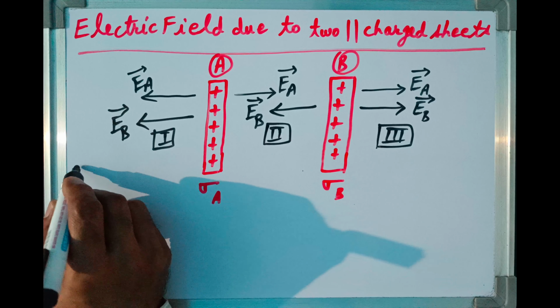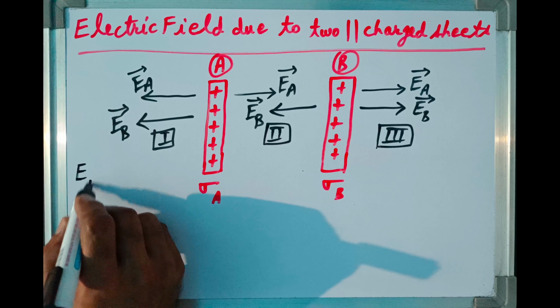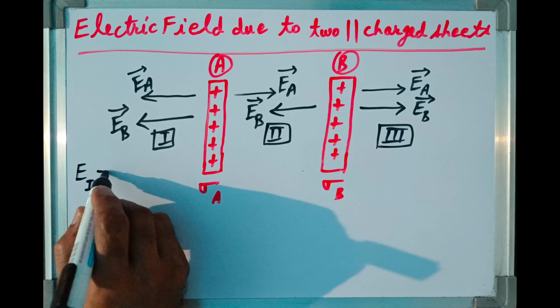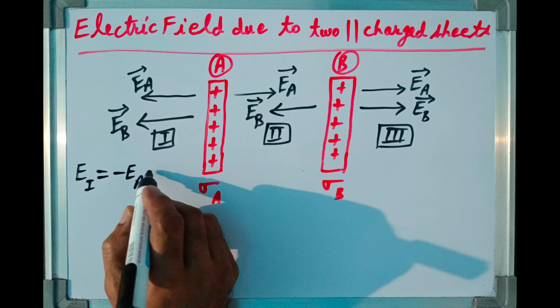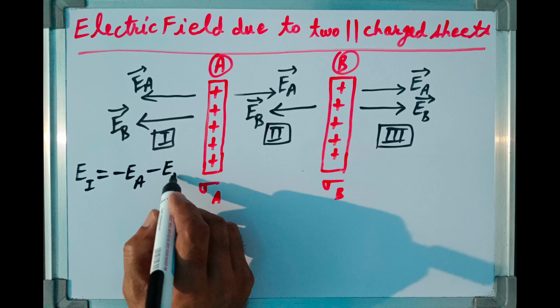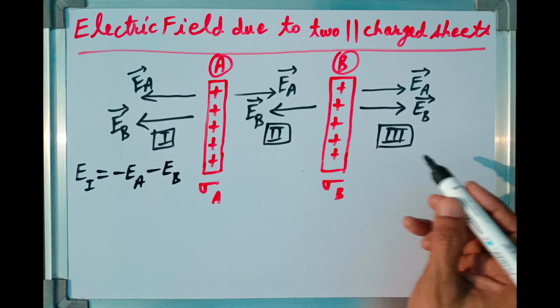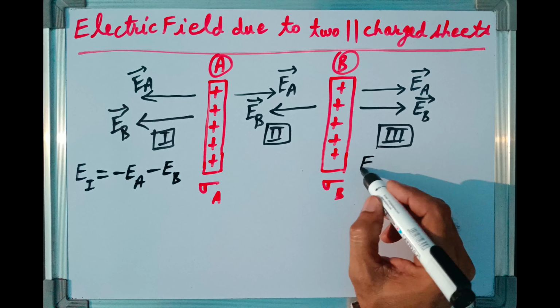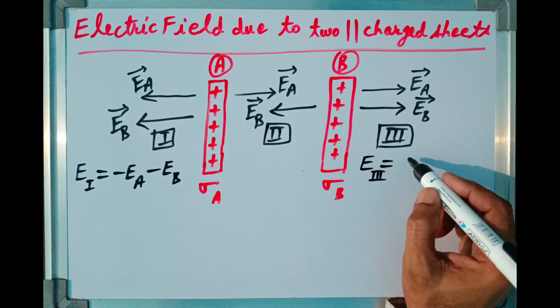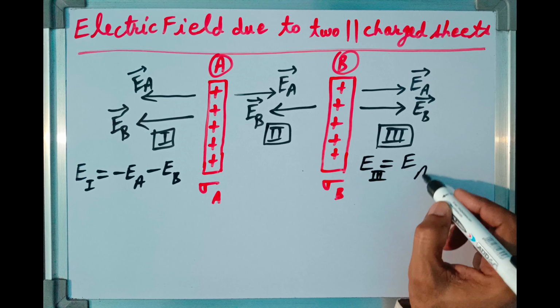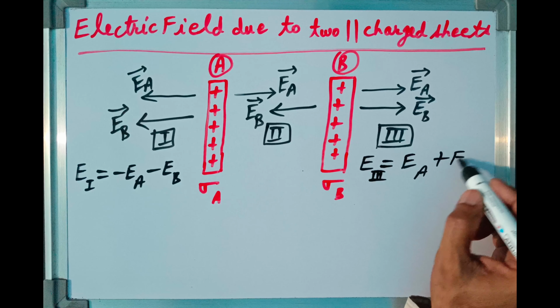In this case, total electric field in portion number 1 can be written as minus EA minus EB. Similarly, I can write total electric field in portion number 3 as EA plus EB.